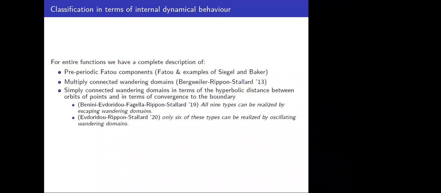You can have attracting domains, parabolic domains, rotational domains, and escaping domains. A lot was said today about the multiply connected domains as well, by Bergweiler, and I think Thaler also said something about it.